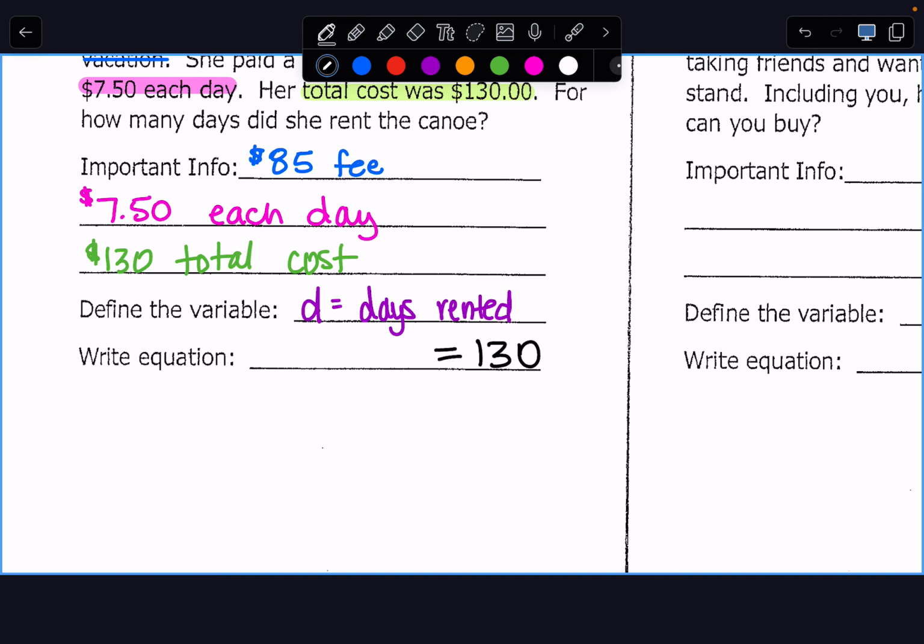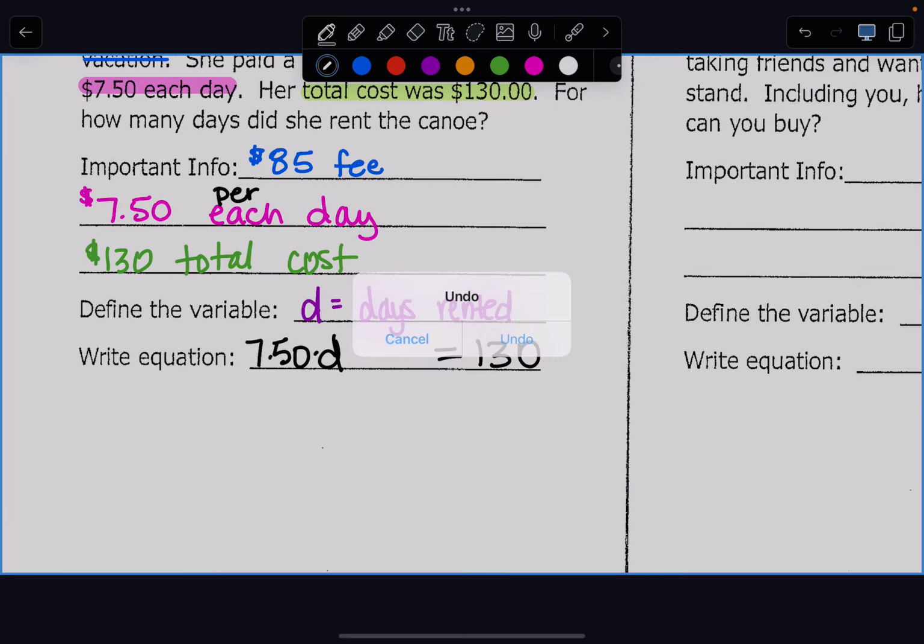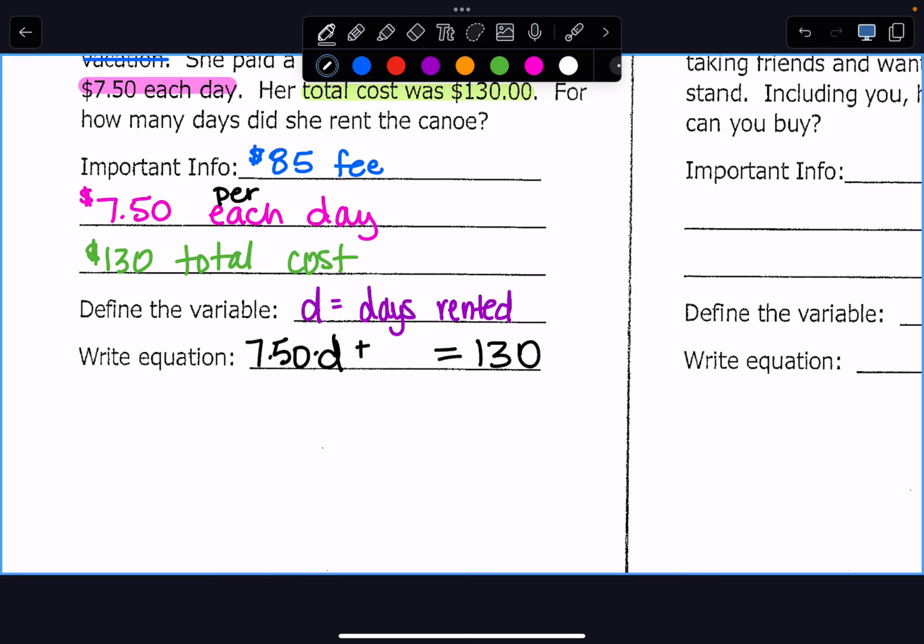So 7.50 each day, or you could think of this as like 7.50 per day. We are taking that 7.50 and multiplying it by the number of days to know how much it costs. Okay. Now what do we do with that 85? I would say we add it. Okay. I'm paying $85 plus 7.50, however many days, 7.50.